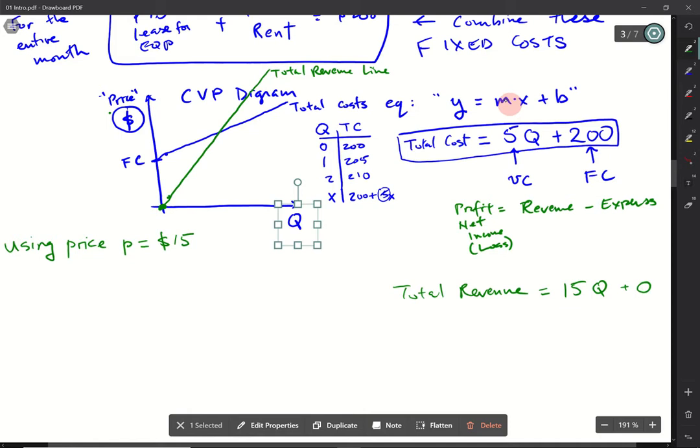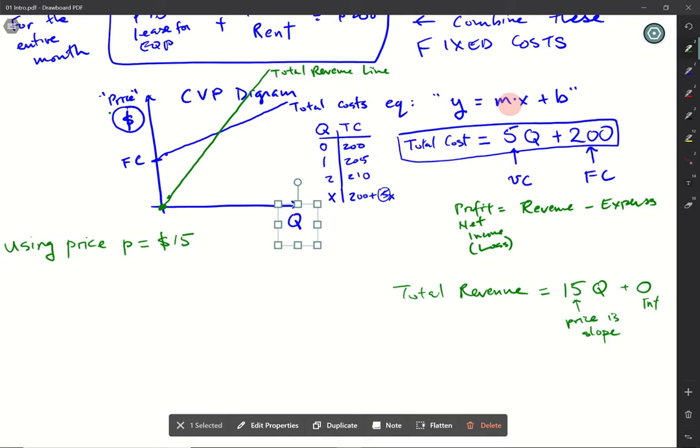So these would be the fixed costs, right? So there's sort of no b, intercept. Okay? And price is slope. Okay?